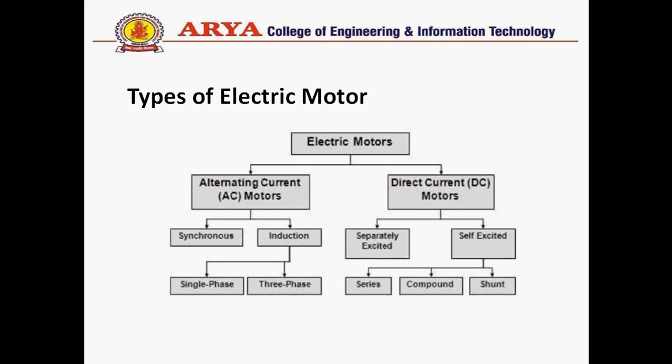In an AC motor, the armature, it means the stator, is kept stationary and the rotor rotates according to the magnetic field.